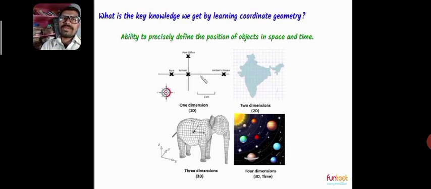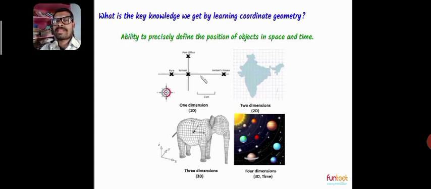Not only in the two-dimensional aspect do we use coordinate geometry, it is helpful in all dimensions. For example, one dimension to find the length, two dimensions to find the area, and in three dimensions we use this coordinate system of geometry to find the volume, and also in four dimensions.